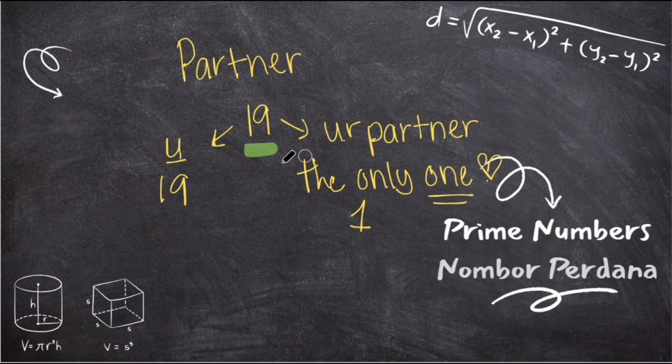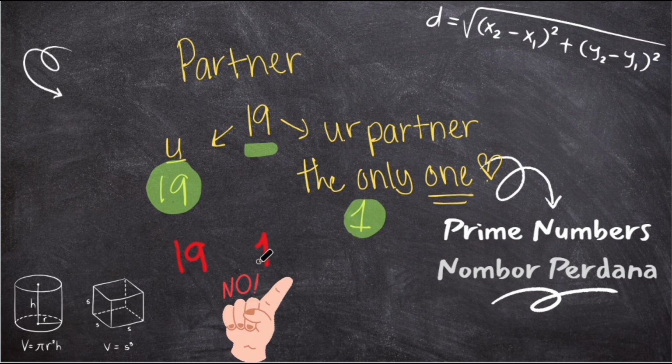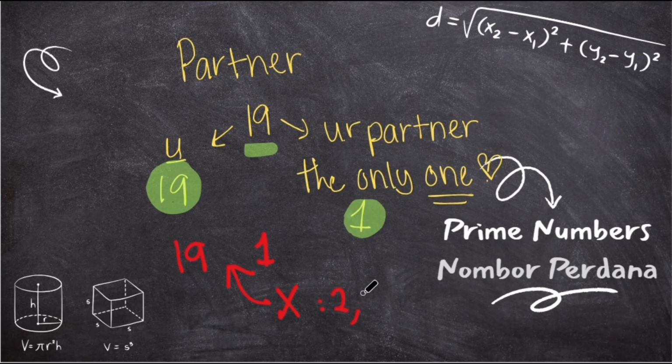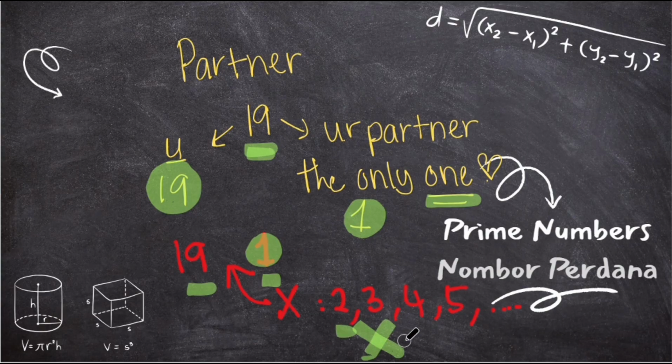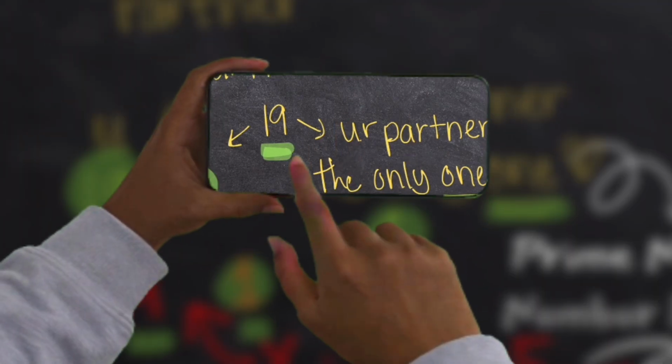Therefore, the number 19 can be only divided into you, 19, the only one, 1. No one can interfere in your relationship, right? Nope. Same goes for prime numbers. 19 can't be divided by 2, 3, 4, 5 or any other numbers. If you could divide 19 by 2 and get a whole number, it would not be a prime number.